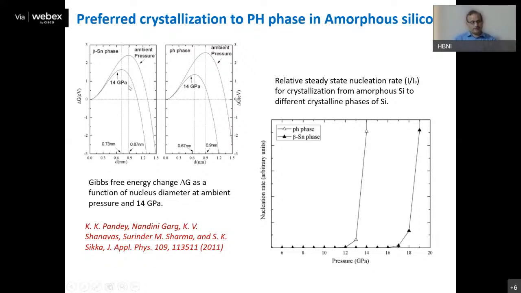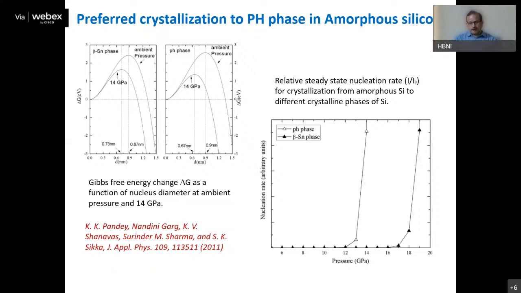Initially, the primitive hexagonal phase may not be that preferred, but in the pressure regime where the crystallization takes place, crystallization to primitive hexagonal becomes more favorable. This is also evident in the nucleation rate plot. Nucleation to beta tin actually has a higher nucleation rate at relatively higher pressures, but before that, nucleation to primitive hexagonal takes over. And that's how you have crystallization in the primitive hexagonal phase.